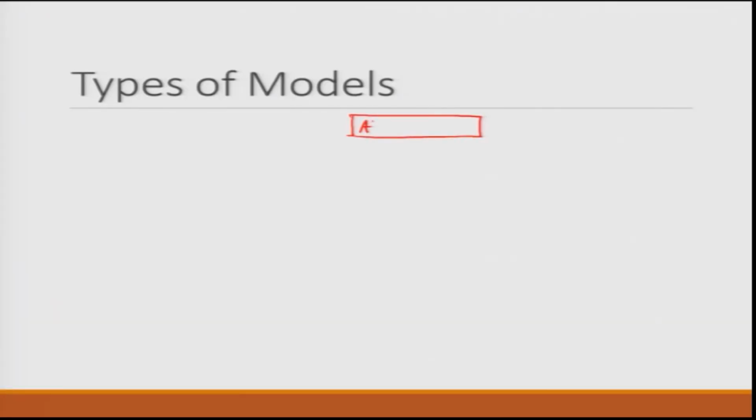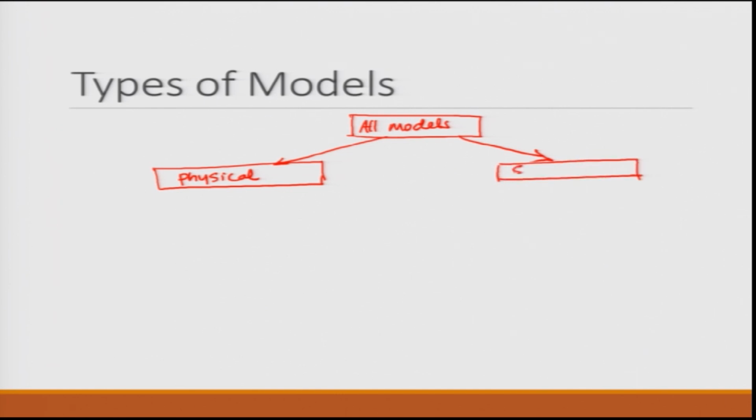So, there are multiple types of model, and we will quickly go over these types of models. Okay. So, all types of models, let us think about it this way. All models, as far as Blackstone and other people, can be divided into two. One model can be called the physical model, and the other one can be called the symbolic model. Okay.